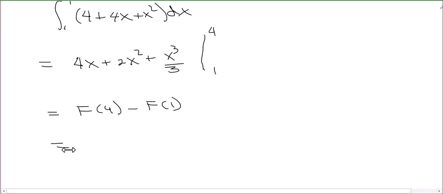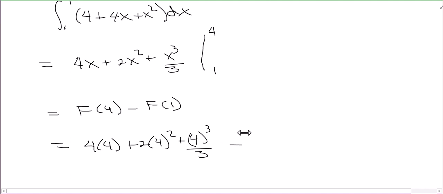So plug in the 4 first, so it's going to be 4 times 4 plus 2 times 4 squared plus 4 cubed over 3 minus, plug in the 1. So use parentheses. So it'll be 4 plus 2 plus 1/3. Make sure that you use parentheses. Don't just do minus because you might forget to then distribute it.